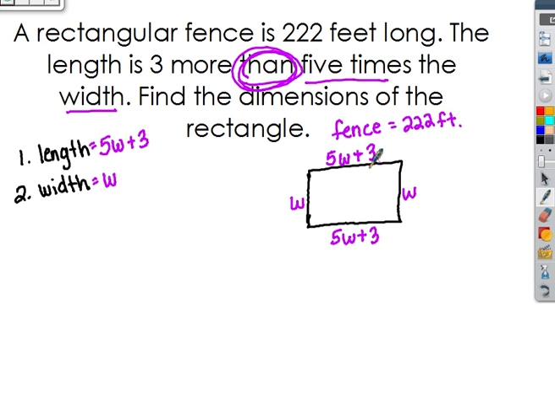So those are the dimensions of my rectangle, and I know that the whole fence is 220 feet. And I know that they're asking me to find the dimensions, which means I need to find length and width.